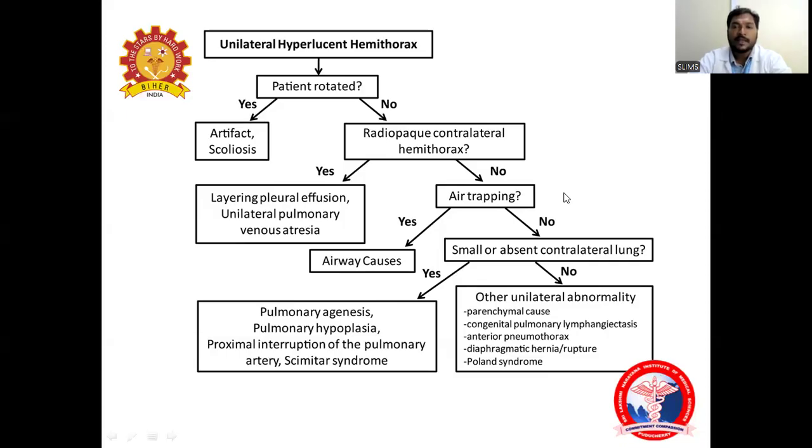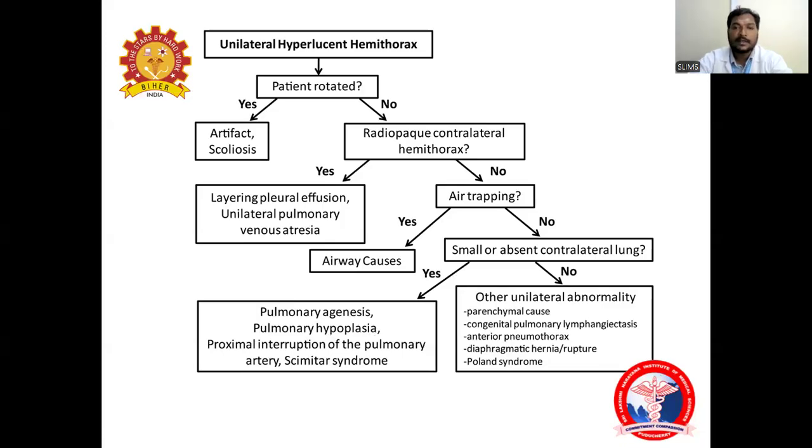If the air trapping sign is absent, then we have to look for a small or absent contralateral lung. If a small or absent contralateral lung is there, the majority of the causes are congenital, which may be pulmonary agenesis or pulmonary hypoplasia, leading to the ipsilateral changes.